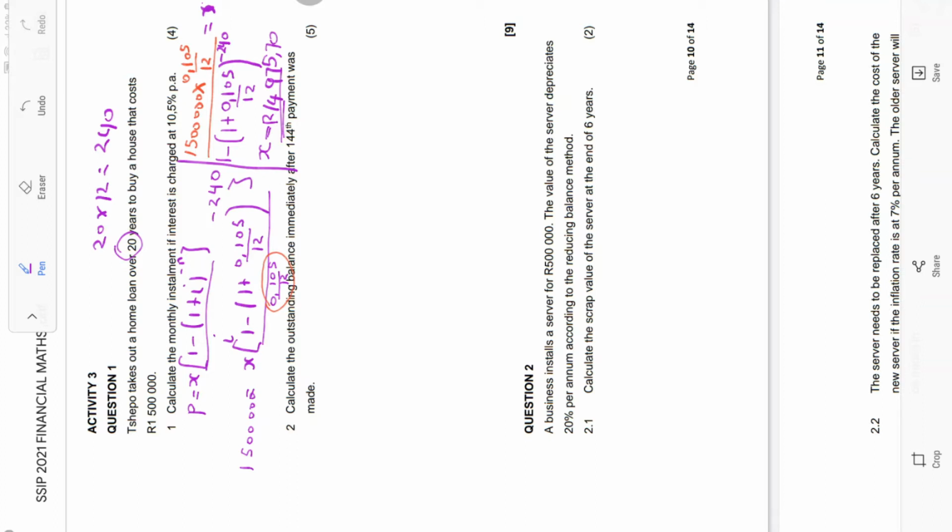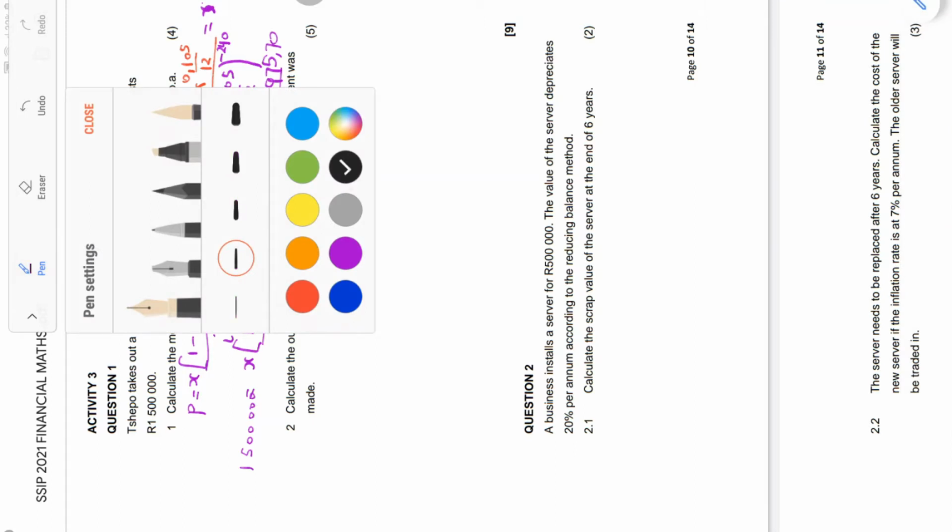Then question 2, calculate the outstanding balance immediately after the 144th payment was made. The balance outstanding. So we have two approaches to calculating the balance outstanding. One, we calculate the present value of how much is left to be settled, and in that case we use the present value formula.